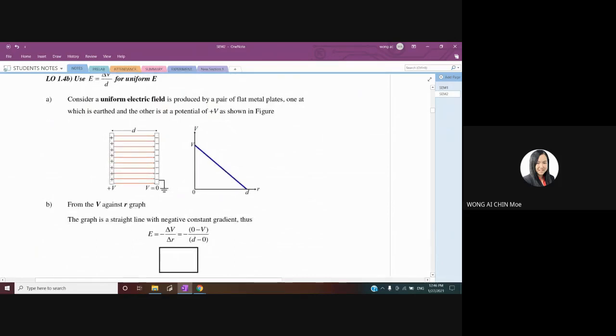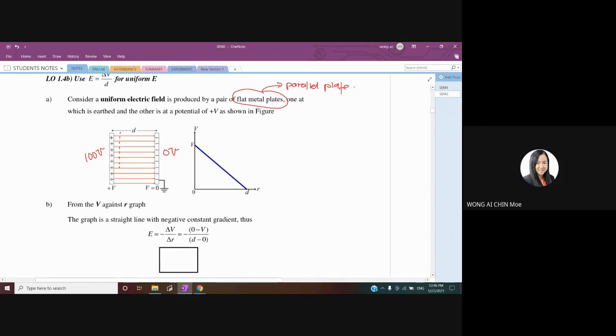So we go to the derivations. Consider a uniform electric field produced by a pair of flat metal plates, or we can say a parallel plate. One is at Earth and the other is at a potential of positive V. Meaning that if V is higher than the negative plate, let's say this is 100 volt, this one will be 0 volt.